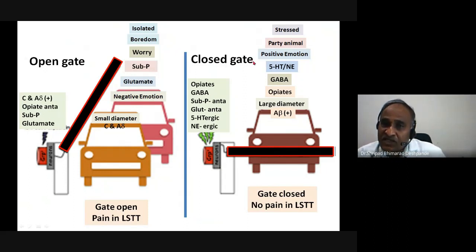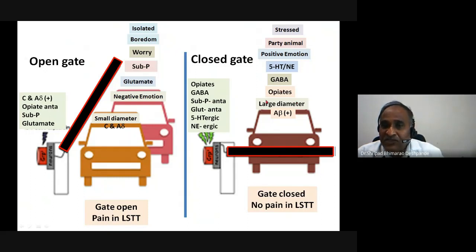Now, what are the conditions which keep the gate closed? The stimulation of the large diameter fibers. This is one traffic that closes the gate, so that will not allow the traffic for the pain.